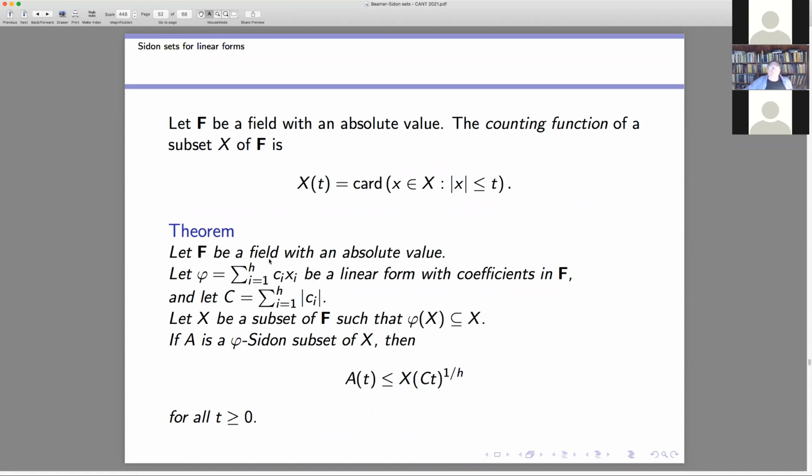You have a field with an absolute value. So there's a number C, which is the sum of the absolute values of the c_i, and any Sidon set in the field with respect to this linear form will have a counting function that grows no faster than it really can, like the 1 over hth root.